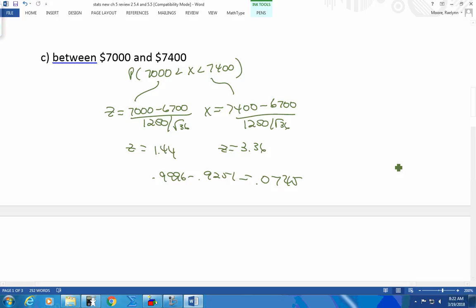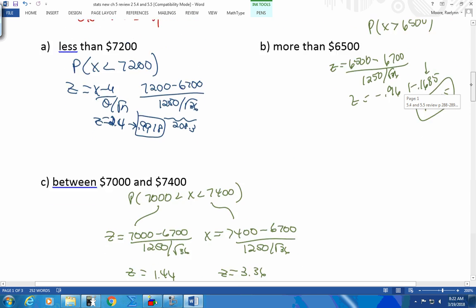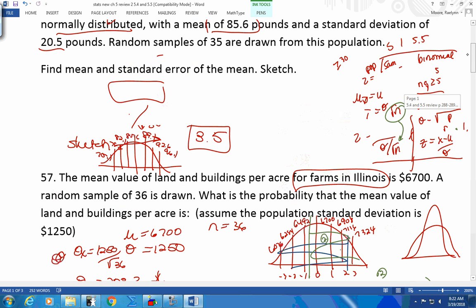Do you have any questions on the ones that you did on 5.4 on the bottom? Any questions on those? Number 10 was a good one. Can you guys look at number 10 for a minute?